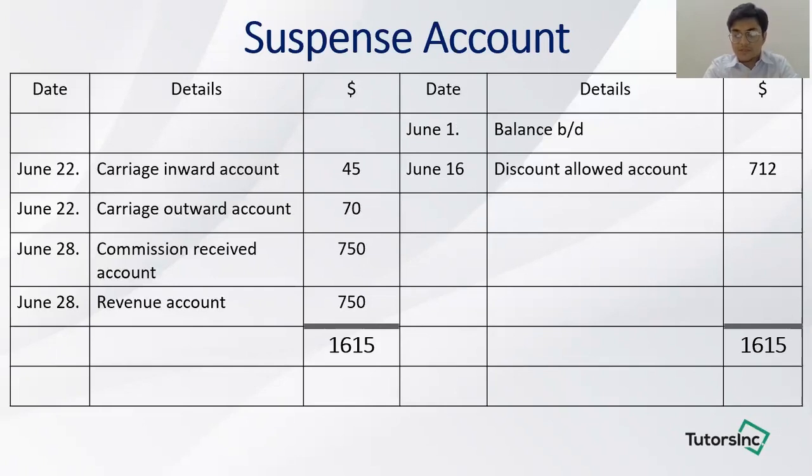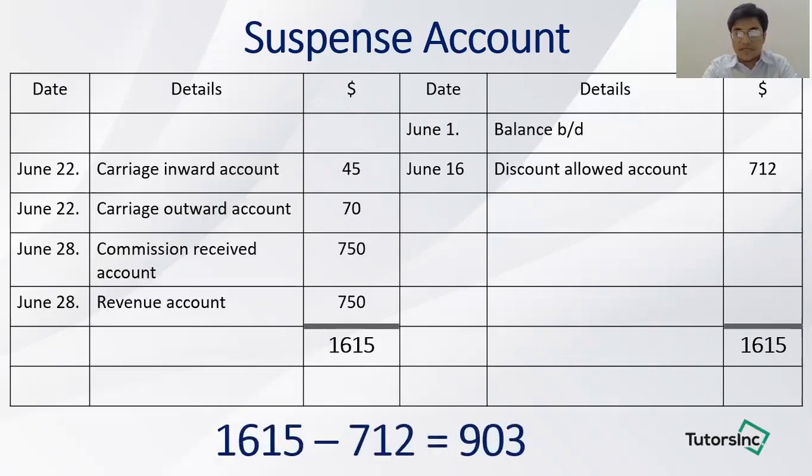So the balance BD is going to come on the credit side of the suspense account. The difference is 1615 minus 712, which is 903. So we have balance BD of 903 on the credit side of suspense account, which establishes that the credit side of the trial balance was deficient by $903.